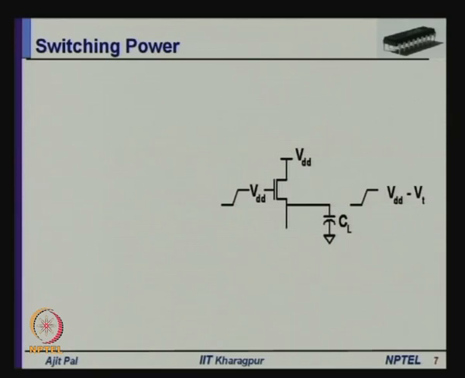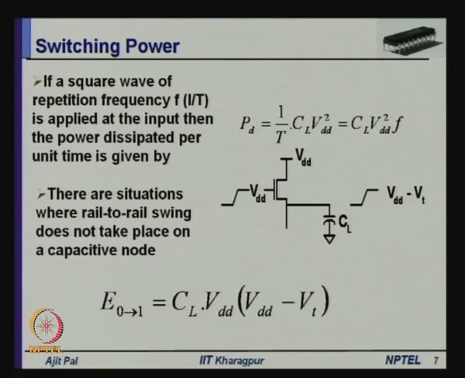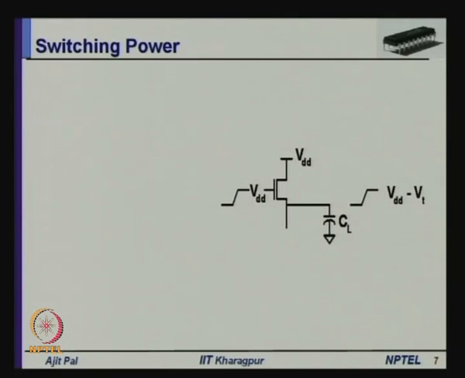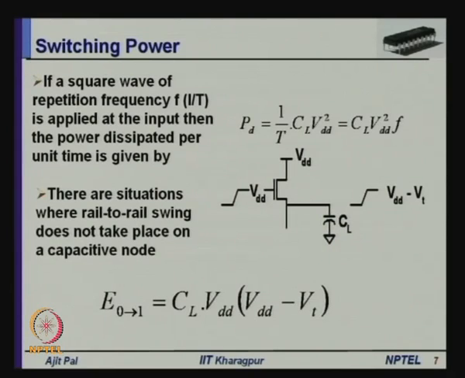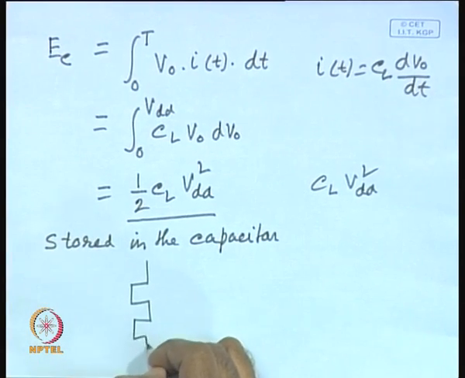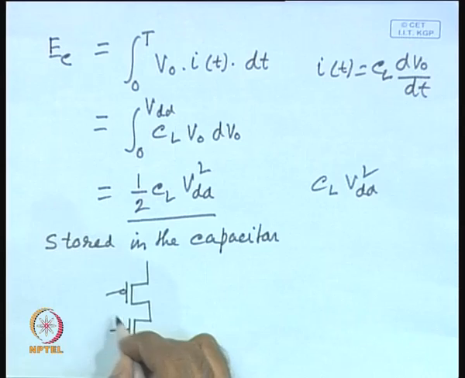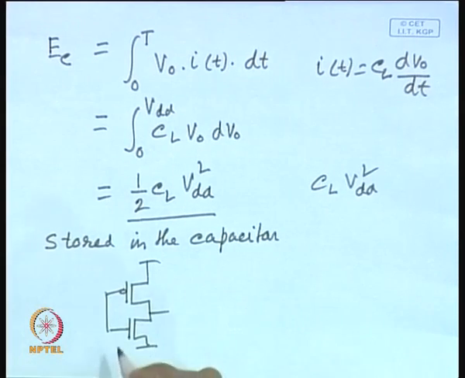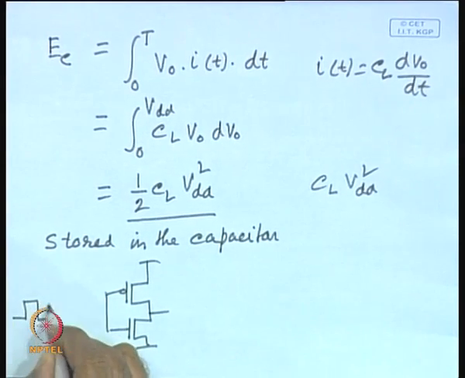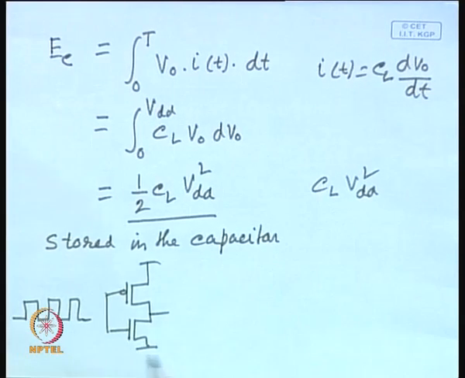Now, there may be some situations where we apply a square wave to the input of a circuit. For example, we have an inverter, and here we have applied a clock as the input.